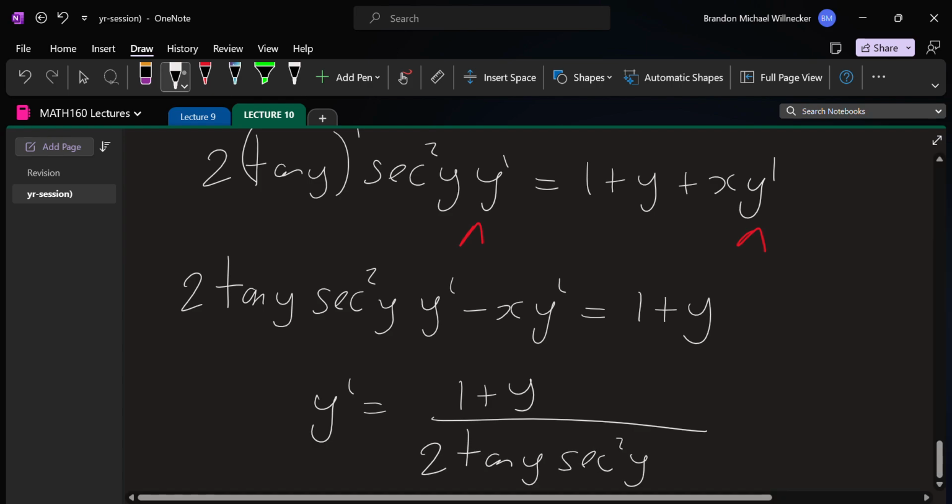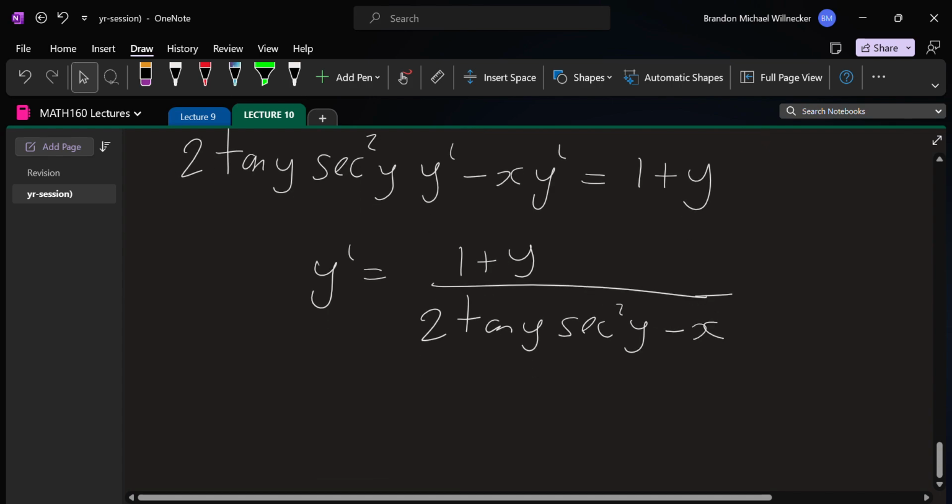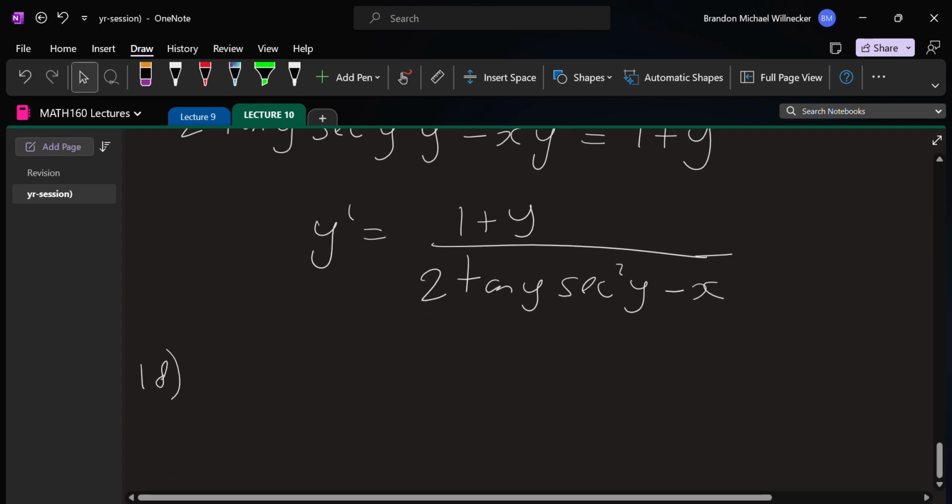Okay, then we can factor out the y prime, divide by the rest, so we get y prime equals 1 plus y all over 2 tan y sec squared y minus x. Okay, then we end up with that. Okay, and then if I gave you some points along the curve, you could then find the tangent line and the normal line. Okay, but here we're just interested in y prime.